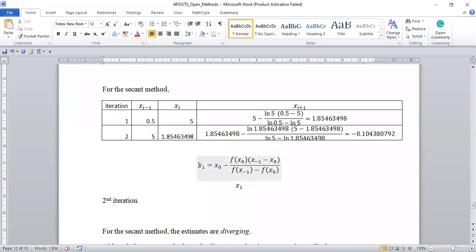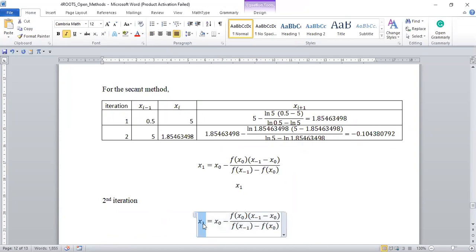You already have x1. So for the next iteration, which is the second iteration, the equation, you're going to evaluate x2 now. So you change the value. Here is 2, and here is 1. Here is 1, and here is 0.